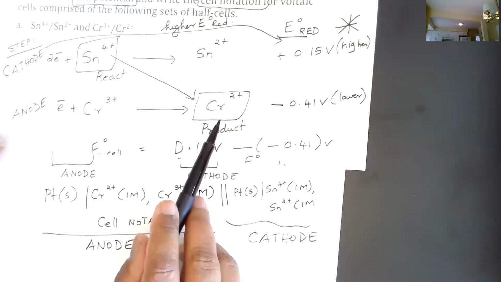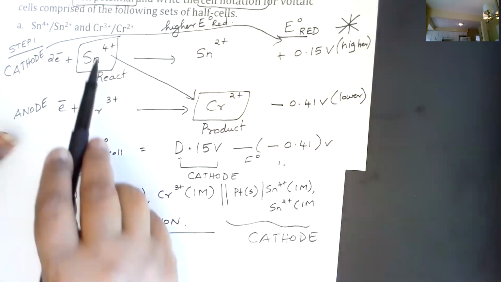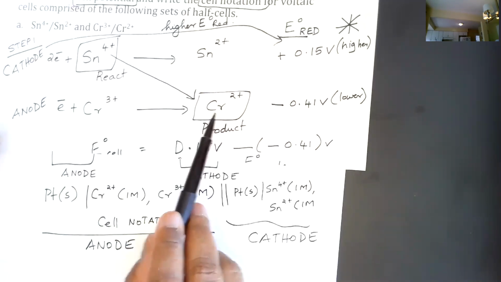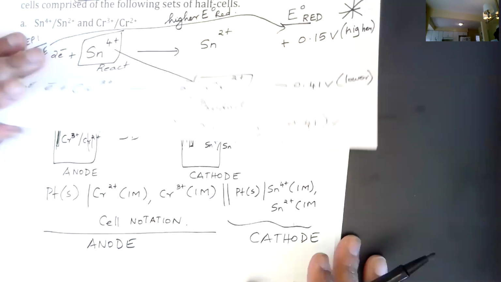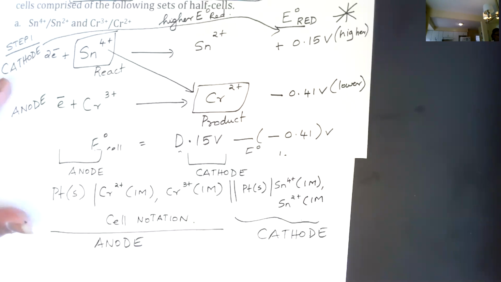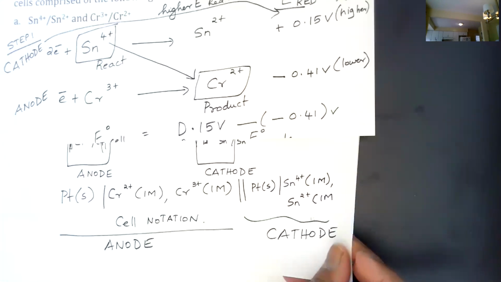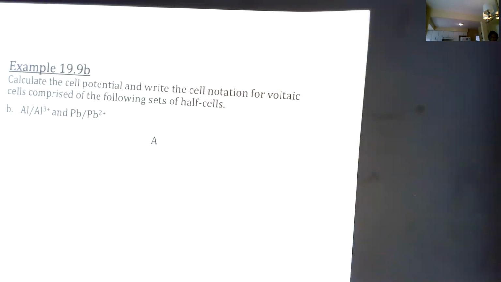So this is written first and then Cr3+. Because this guy reacts with this. So this is your reactant in the anode, and this is your product in the anode. Yes, what's your question, Kevin? Never mind. You just answered it, right? I'll try not to give anything with all solutions, but if you do have something like this on Sapling, that's how you would do it.